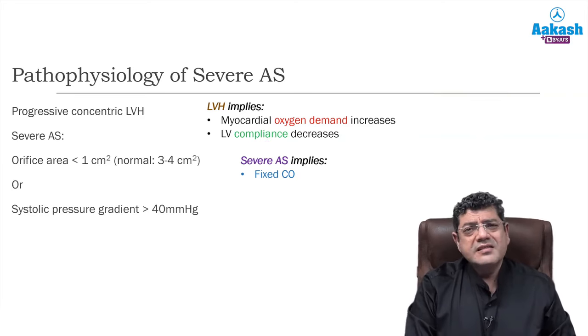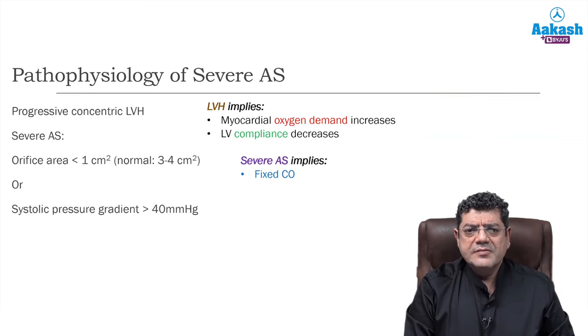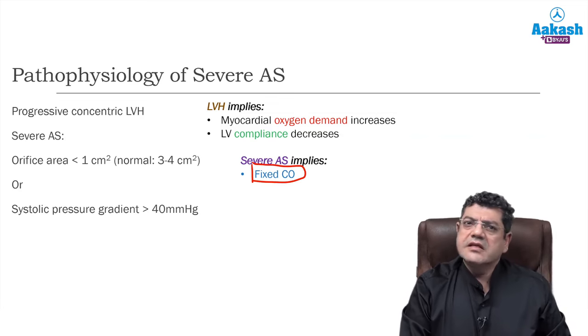Okay. Besides this, another problem is that if the cardiac output of these patients cannot increase when it should, they will start to manifest symptoms. When they exert themselves, they can have a syncope.